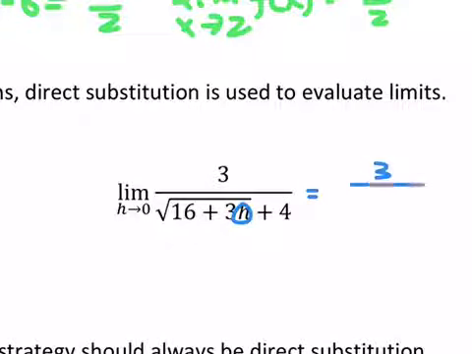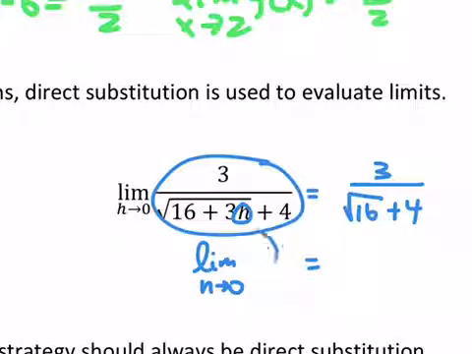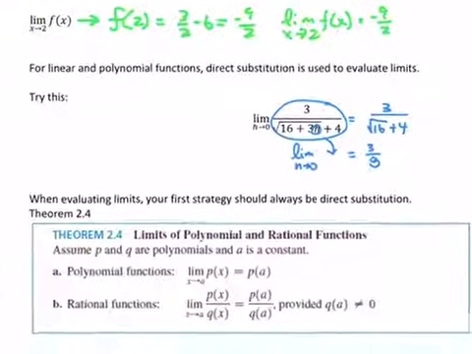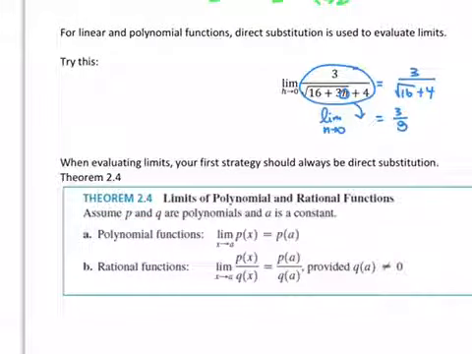I'd get 3 over the square root of 16 plus 0 plus 4. So the limit as h approaches 0, not infinity, 0, of all of this, right, would equal, looks like 3/8. So when evaluating limits, your strategy should always be direct substitution first.